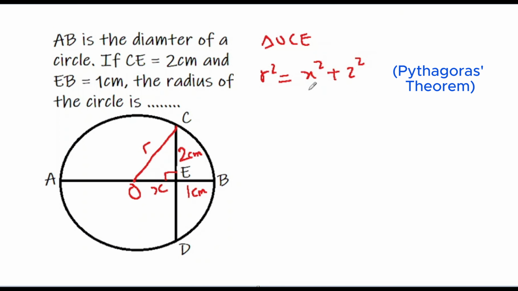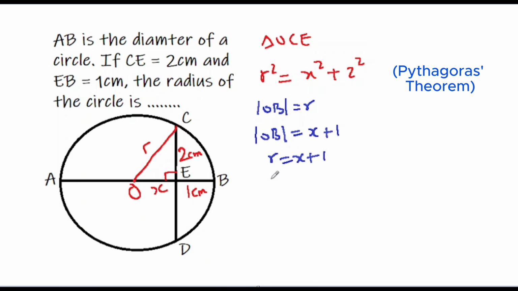Alright, so let's look at the diagram very well. You will agree with me that OB is a radius. Yes, line OB is actually a radius. And if you look at OB very well, line OB is equal to x plus 1. Alright, so that means our r is x plus 1.